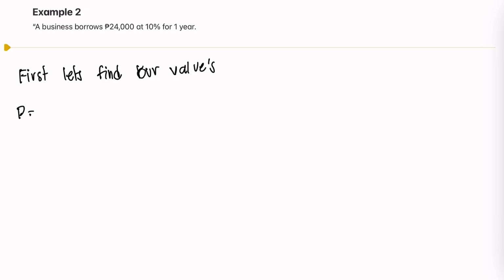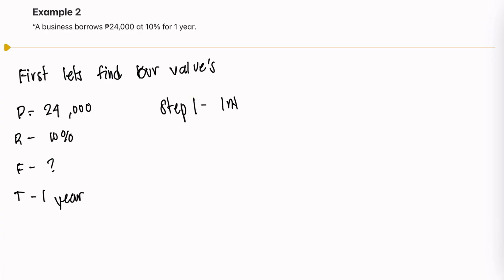P is equal to 24,000, R is 10%, F is what we're still finding, and T is 1 year. So let's start step 1. For step 1, we will find the interest first.